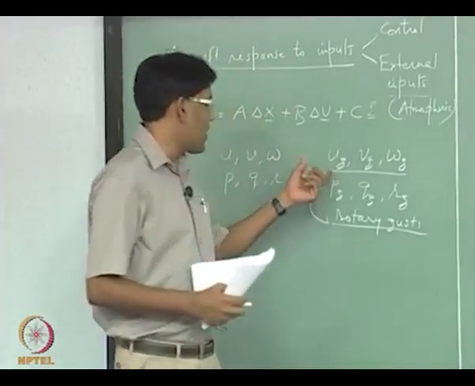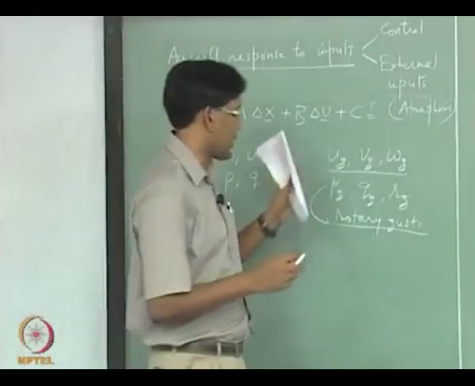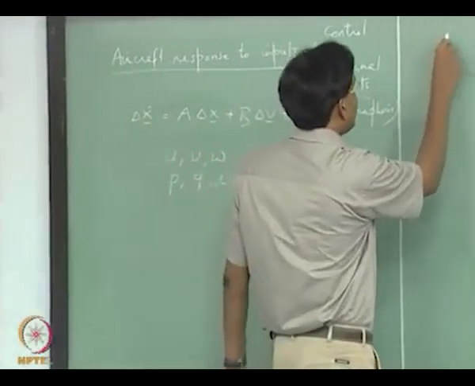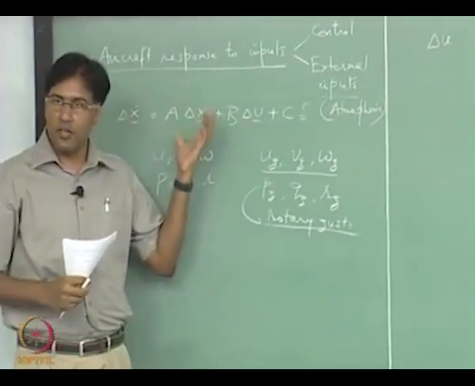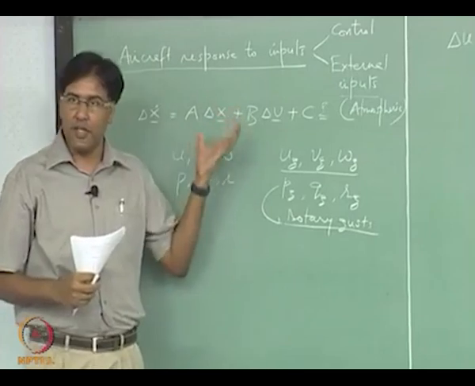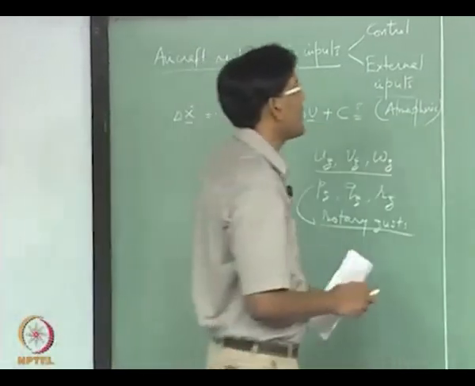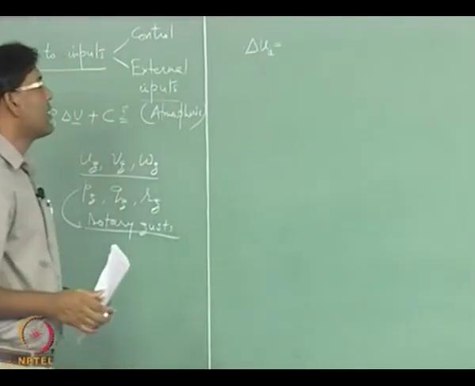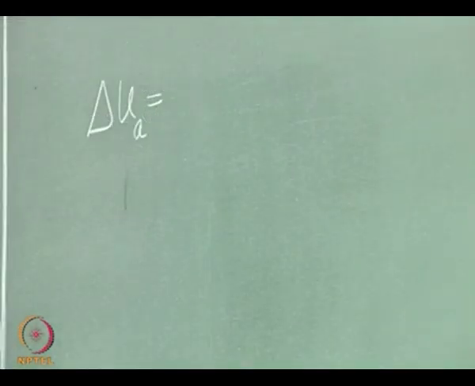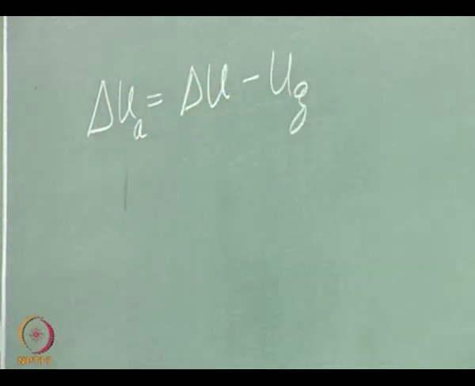So what is it going to change? It's going to change the relative airspeed, right, coming onto the airplane, right. So if delta u, now I am again talking about the linear motion about an equilibrium state, right. We have this linear model where we are trying to model the wind. So absolute delta u is now going to be delta u minus u of g, right.